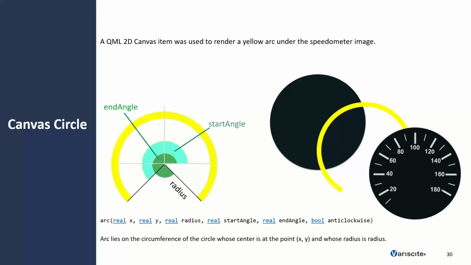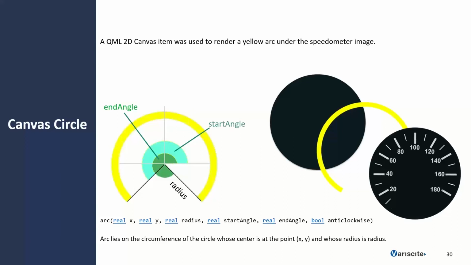When you provide the start angle, you are supposed to use this as reference. So the start angle is the one in lighter green, while the end angle is the one in dark green. And when you want to render it, you just call the arc function and say which is the start and which is the end.